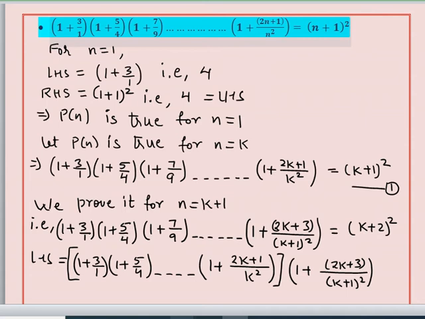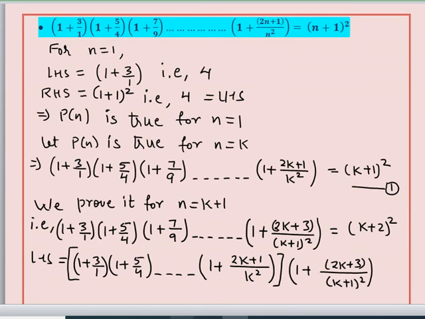But if you look at their denominators, they are perfect squares. This is square of 1. First term is having 1 as the denominator here. Second term is having 4 as the denominator, which is square of 2. This is the third term, which is square of 3 and so on. The nth term is also mentioned. So we have to prove the product of all these will be equal to (n+1) whole squared.